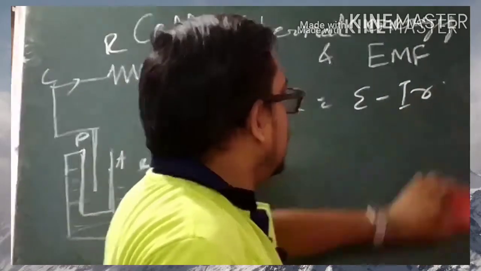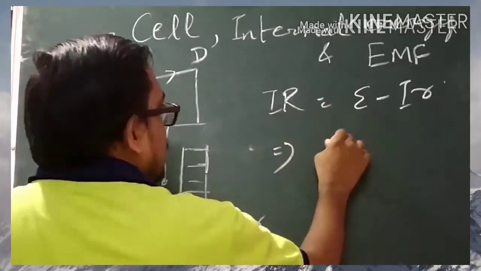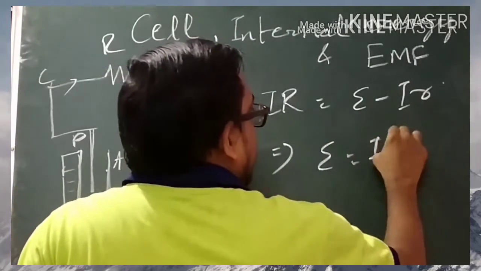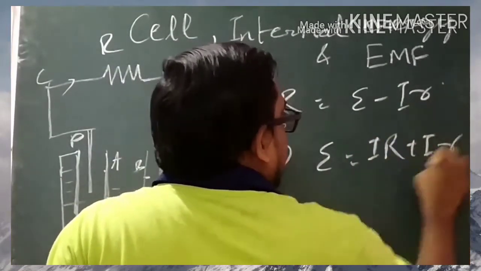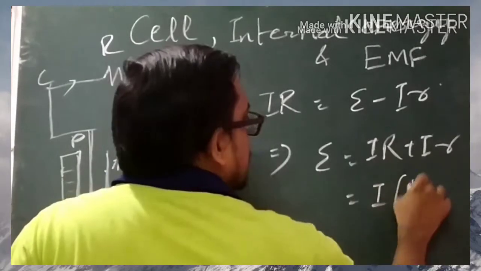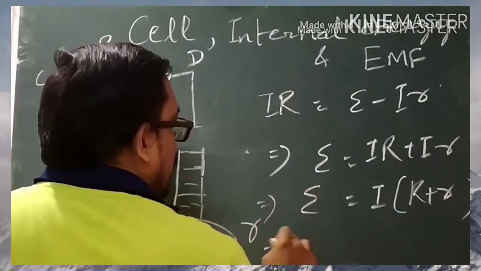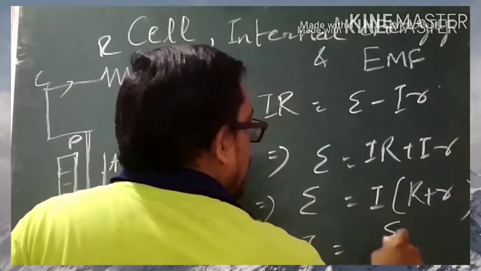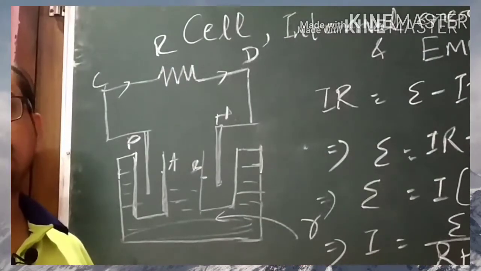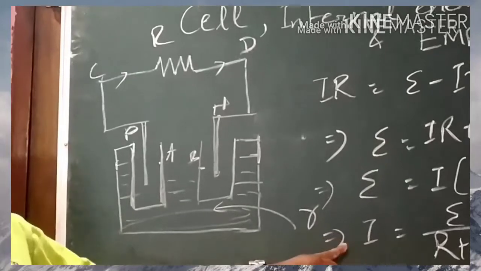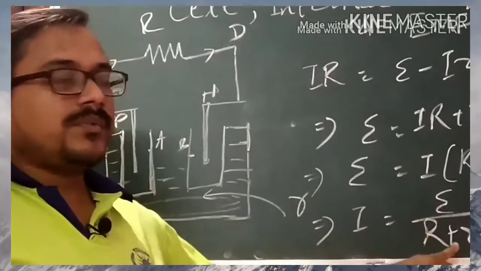Now E will be equal to IR plus Ir. Taking I common, this is R plus r, which will be equal to E. Or I will be equal to E by R plus r.